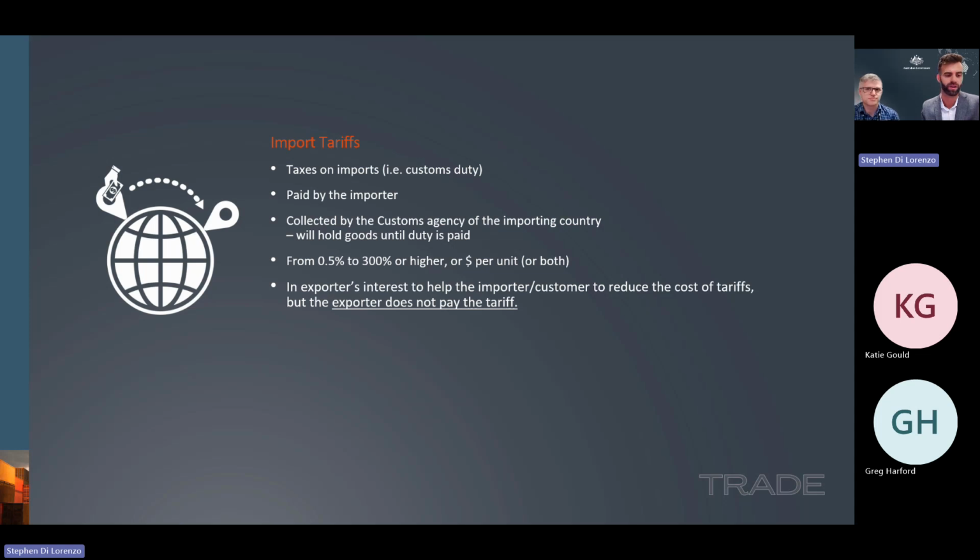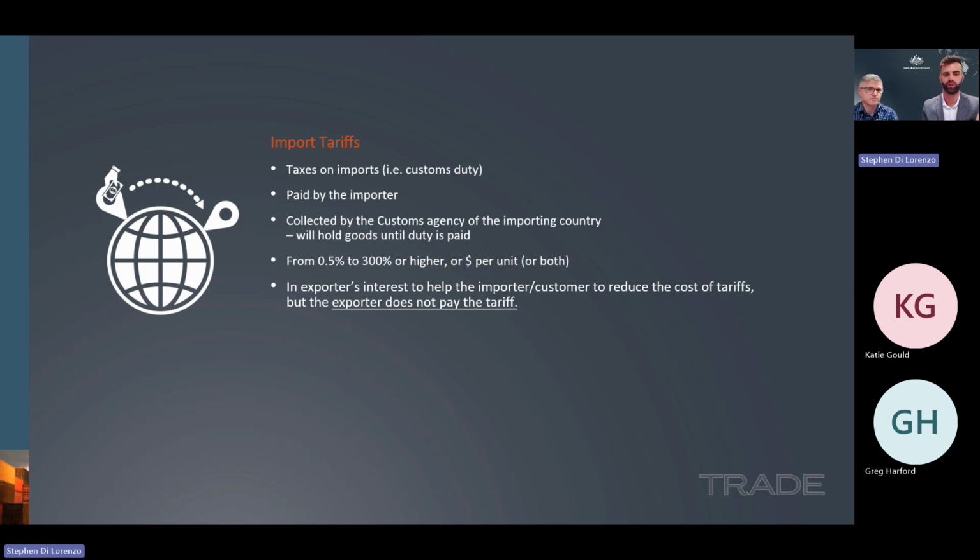So if an Australian business is sending products overseas, it's the customs agency of the country that is receiving those goods that will be expecting payment, and it's the importer or the buyer of those products who is responsible to pay that. And the importing country's customs agency will hold those goods until that is paid.